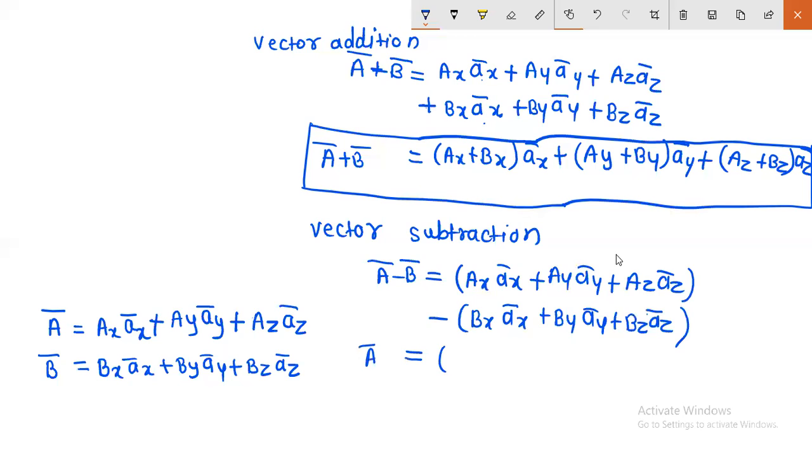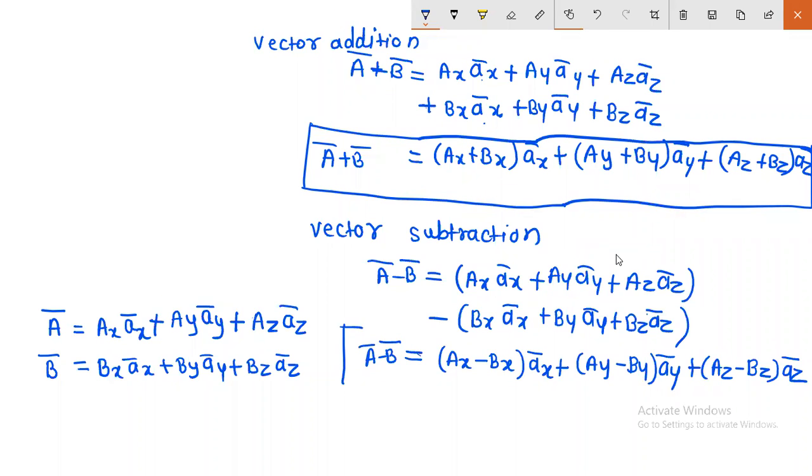A bar minus b bar is equal to ax minus bx into a bar x plus ay minus by into a bar y plus third quantity is az minus bz into unit vector a bar z. Okay, so this is the vector subtraction.